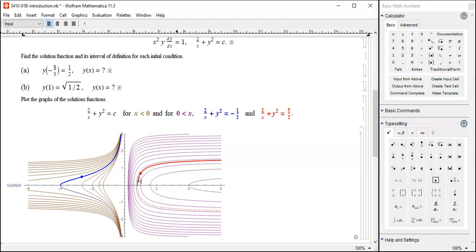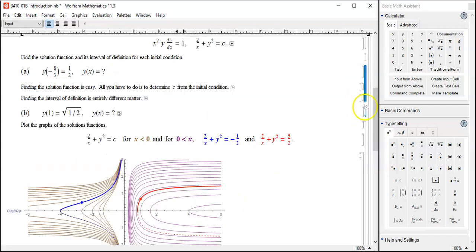And then information flow is flowing this way as x increases. And then over here, information flow is moving in the forward direction, as x increases, going up like this. Interval of definition, you can clearly see it from here to infinity. So it's, let's see, what is it? Is it 1 to infinity, or I forgot as a matter of fact. Was it?